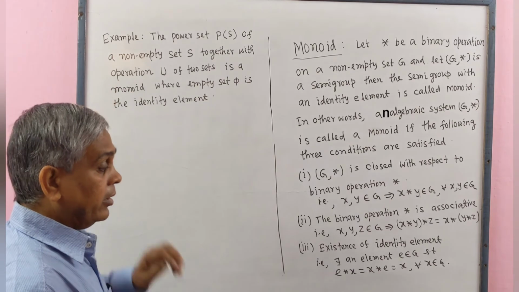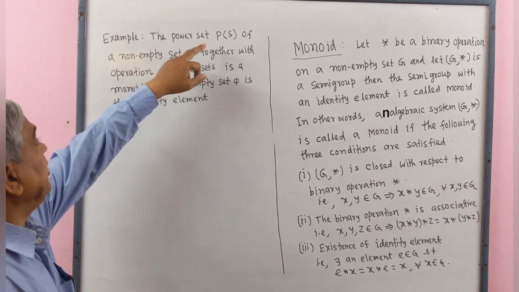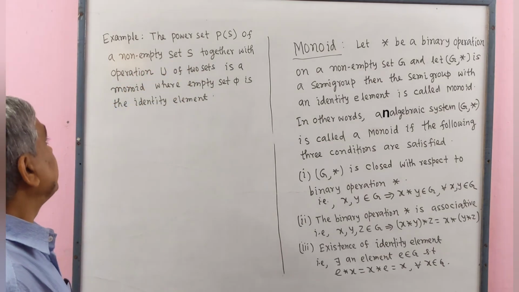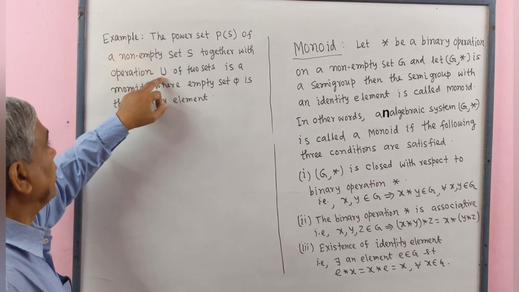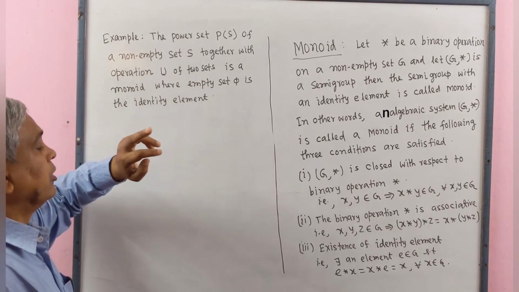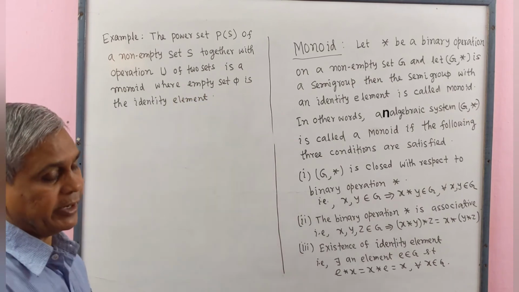Now we give an example. The power set Ps of a non-empty set S together with operation union of two sets is a monoid where empty set phi is the identity element.